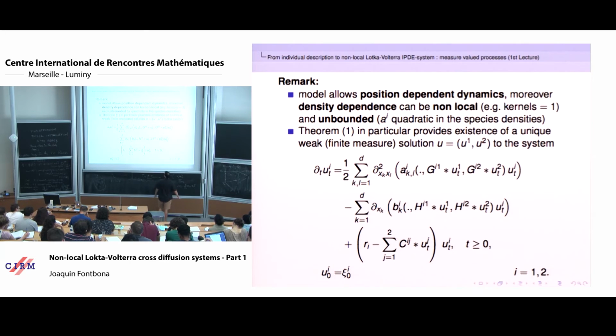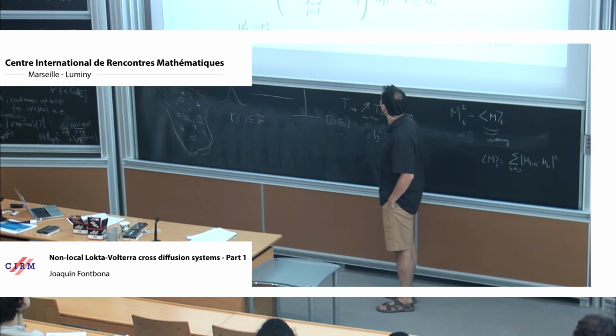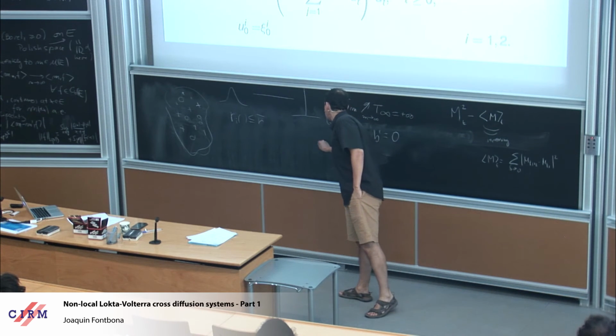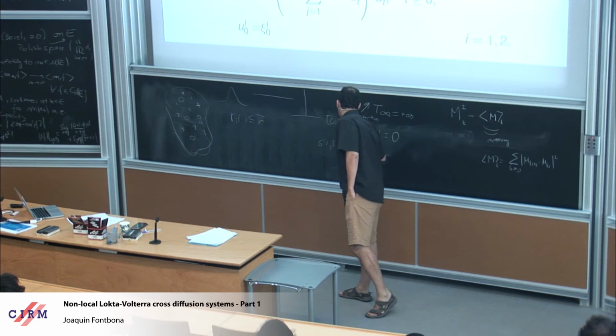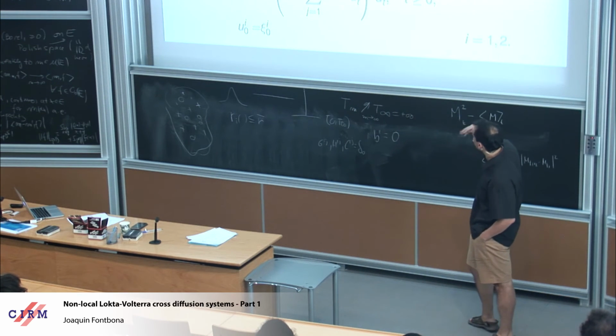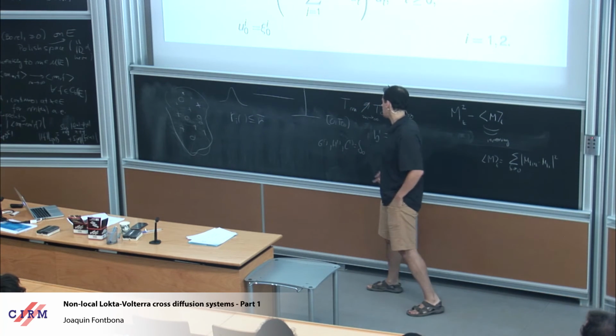And if you take in particular, for instance, all the B_i's equal to 0, and let's say I take all the kernels equal to Dirac masses at 0.